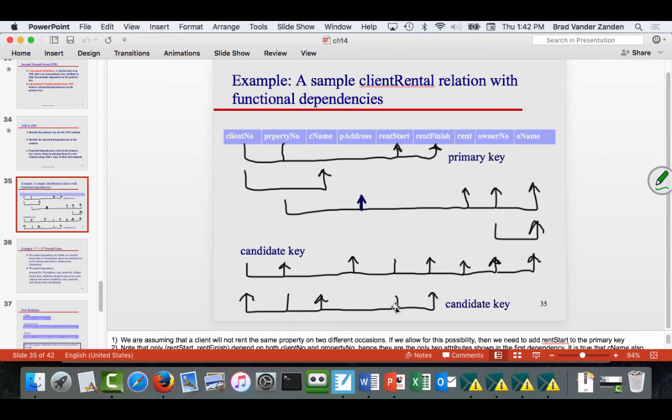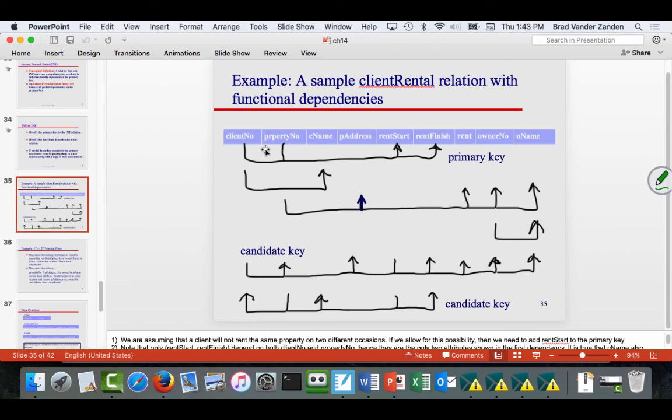Not just the starting date, the finish date should also, if the starting date and a client uniquely determines all the information, then the client number and the finishing date also uniquely determines everything. Same thing with property number. If the property number and the starting rental date uniquely determines the lease, it must also be true that the property number and the finishing rent date uniquely determine it. So there's actually 5 candidate keys for this particular relation. Okay, any of them could have been used as the primary key.